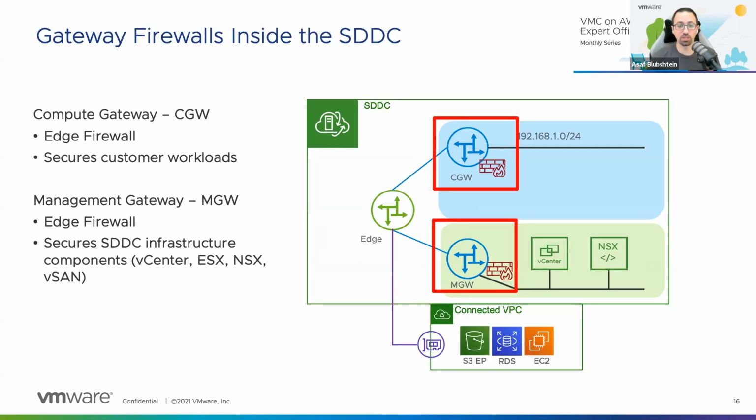This is really connectivity from any outside environment, whether it's native AWS, another SDDC or your on-prem environment. This is where that is being controlled. However, the gateway firewall does not control any traffic between segments that are connected directly to it.